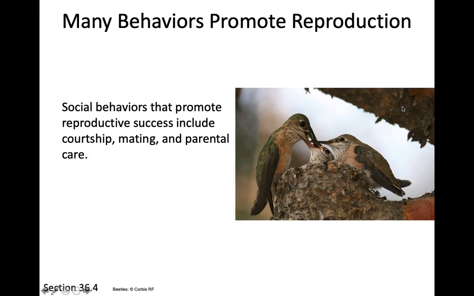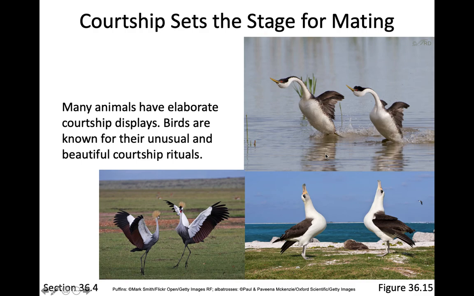So, organisms interact with their own species for multiple different reasons. And one of them is courtship. Courtship is a very common set of behaviors that animals will go through. It seems very wasteful to go through these elaborate courtship routines.